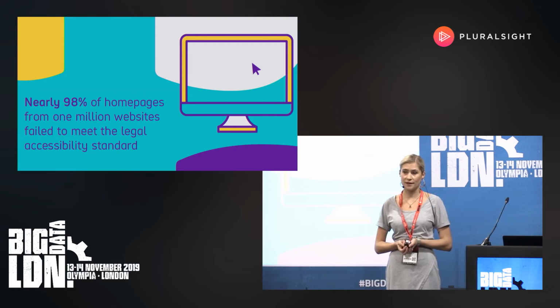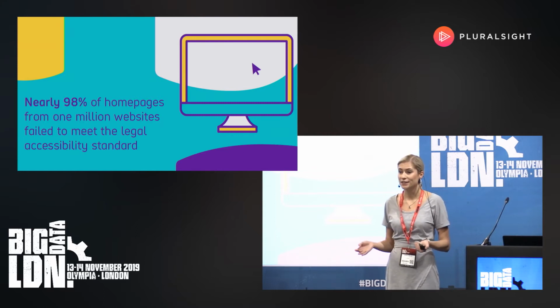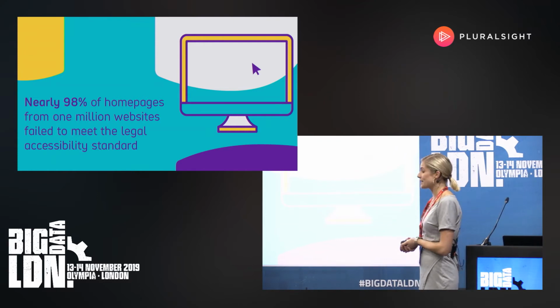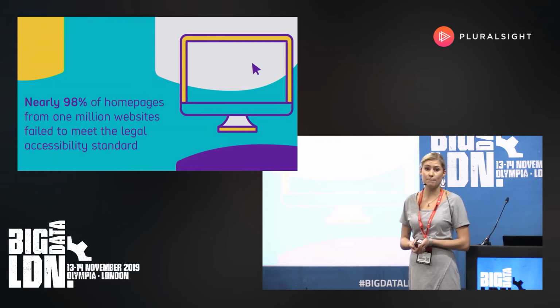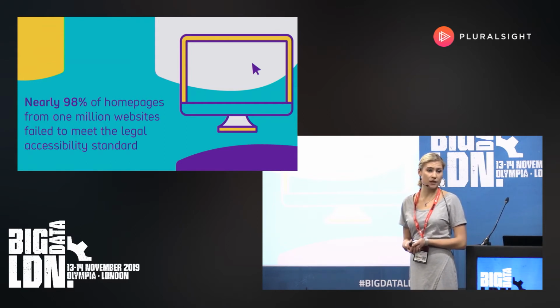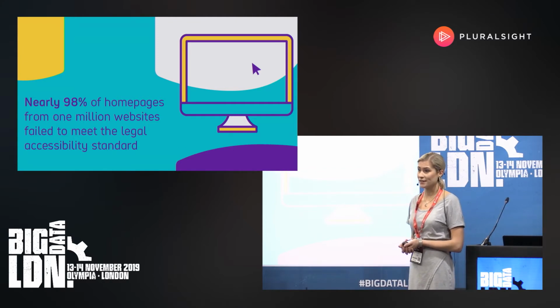This is things like Amazon, Skyscanner, you still can't book a flight online if you're blind, and many others. When 1 million of the most popular, most used websites were tested, 98% of them did not meet the minimum standard accessibility guidelines.